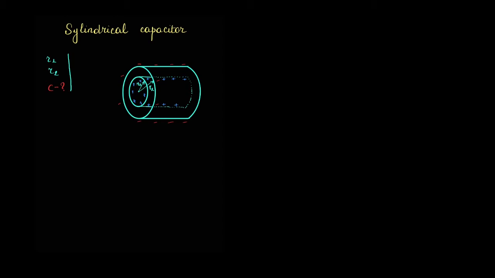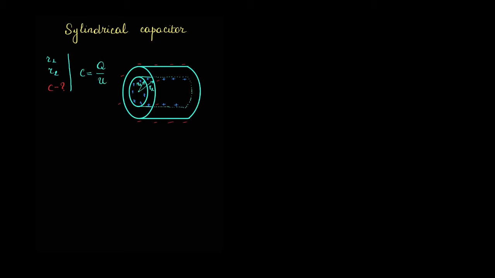Capacitance C is given by the general formula Q divided by U. But as we said, the capacitance depends only on the size and shape of a capacitor, and it doesn't depend on the voltage applied across its plates or the charge on it.